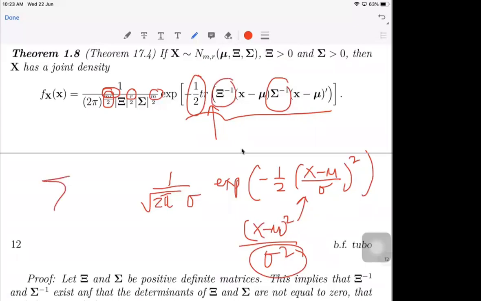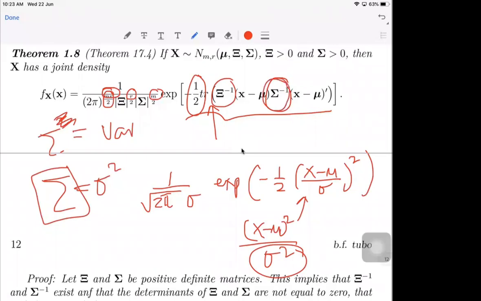Note that kanang sigma diha equivalent sa atong sigma lang, no? Dili nato gina notation na squared, di ba? Variance na siya na without the square. Are you with me? So, sigma raised to the negative 1 kay naa na siya sa ubos. May additional component na psi.